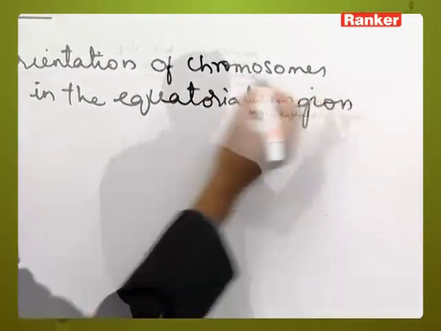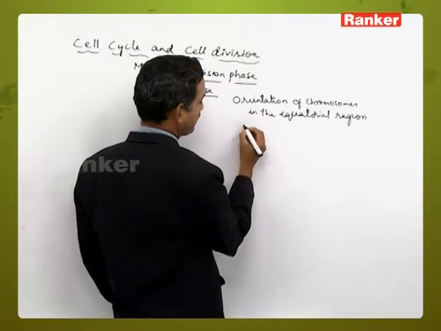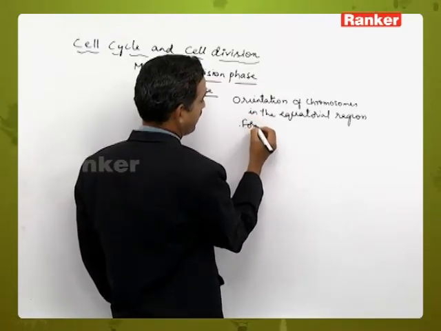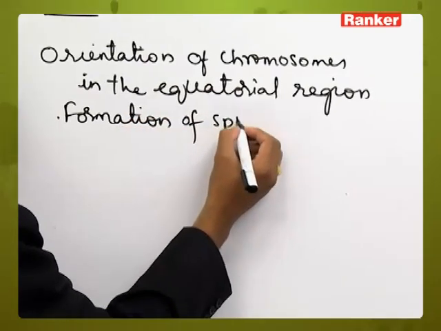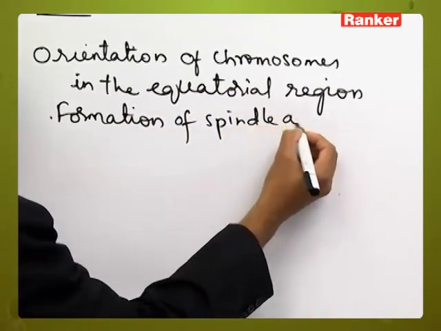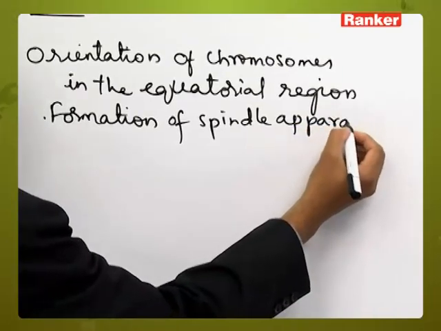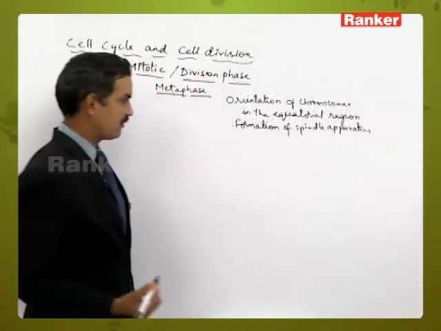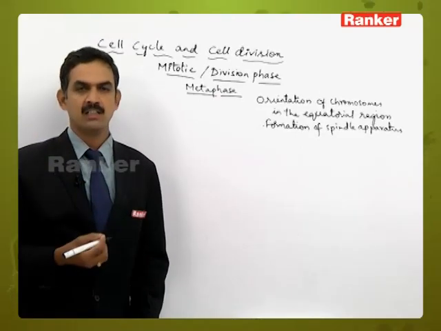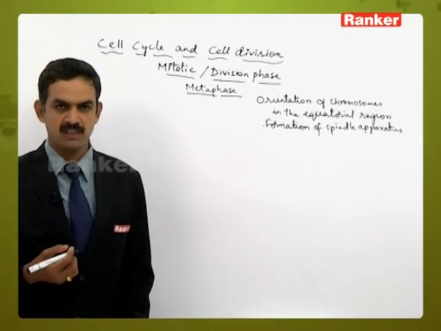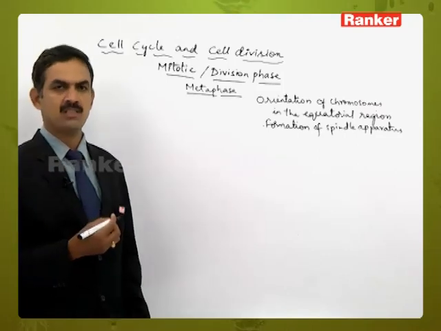This is the first change. The second change is the formation of the spindle apparatus. These are the two major changes taking place during metaphase. Because of them, all the chromosomes come and lie on the equatorial plate, which is formed in the equatorial region of the cell.